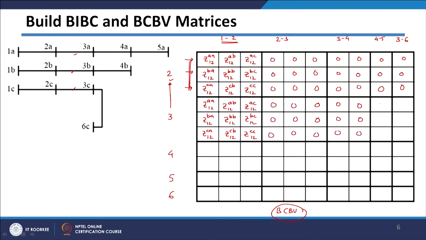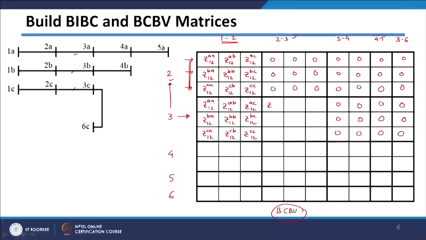So, I just copied, since there is a connection between 2 and 3, the row corresponding to 2 at bus number 3, and then in the next step we know that we need to replace this part by the impedance of 2 3, because we are talking about line number 2 3. So, this is actually line number 2 3. Here we need to put the impedance of 2 3.